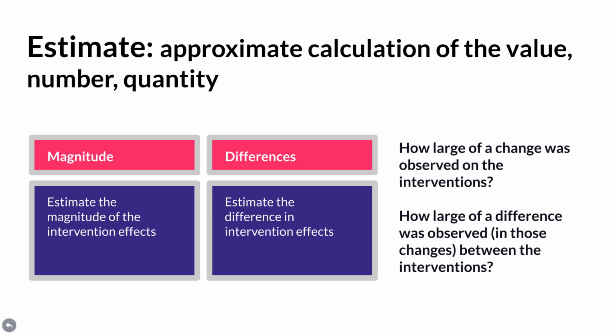So first you would estimate in treatment group A, how large of a change was there? And in treatment group B, how large was a change there? Then we're looking to estimate the differences. So estimate the difference in the intervention effects. How large of a difference was observed in those changes between the interventions?